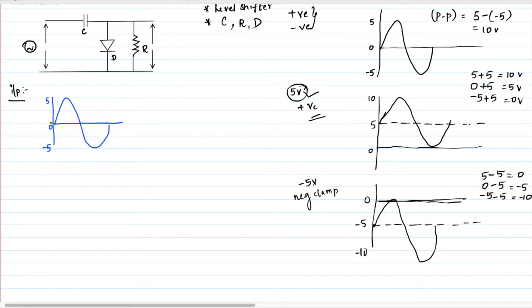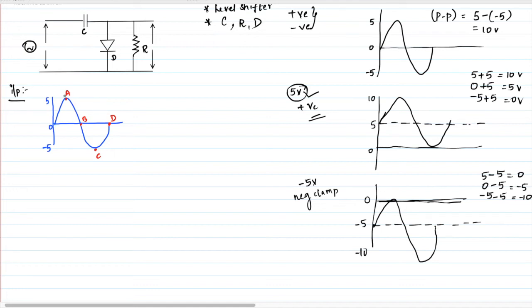So this is 0, this is A, this is B, and this is C, and this is D. For all the other circuits we consider positive half cycle and negative half cycle, but here instead we have to consider falling signal or rising signal.